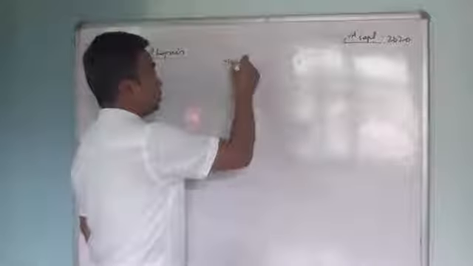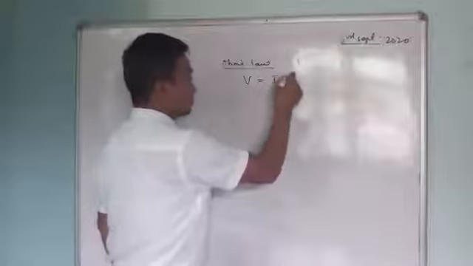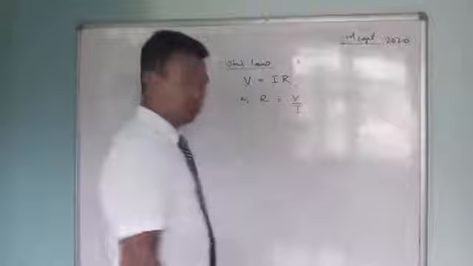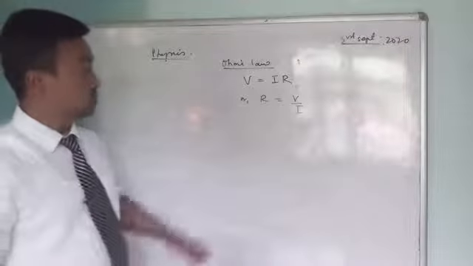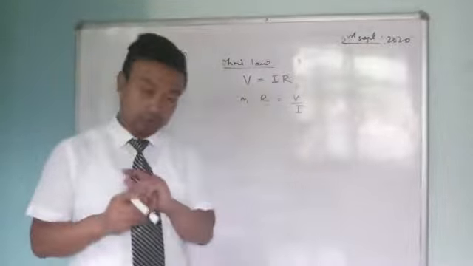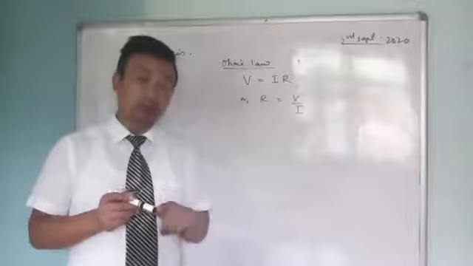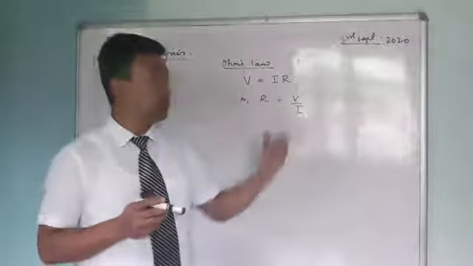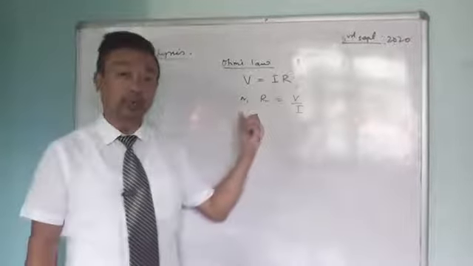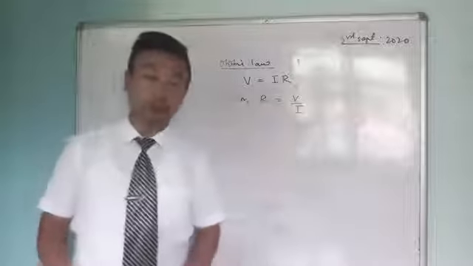So Ohm's law was one of the important topics, and from here we got the formula for the resistance, which is V upon I. That means when current is flowing through a conductor and a potential difference V is applied across the ends of the conductor, then the resistance offered by that conductor is given as V upon I. Now this resistance is quite an important topic.